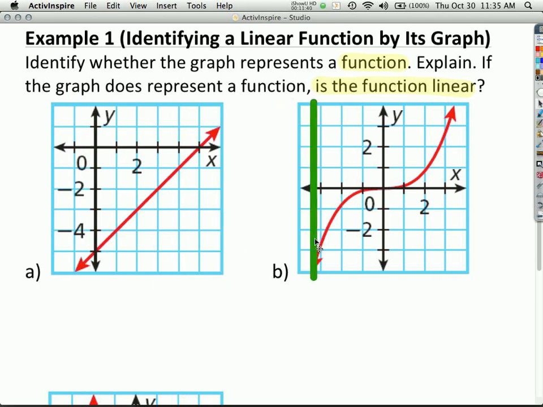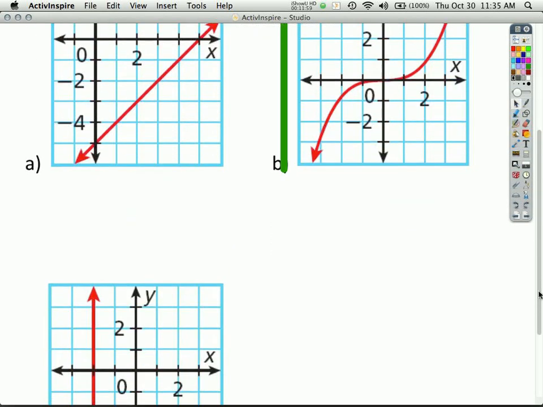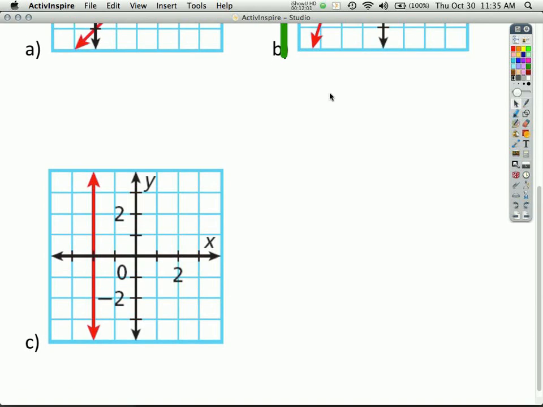Let's look at part B, and we'll come back to part A in a moment. Is it always touching one point? Yeah, it's touching one point there, touching one point, touching one point. No matter where I put it, it's always touching one point. Let's look at part C and compare it. What if I drag it across part C?